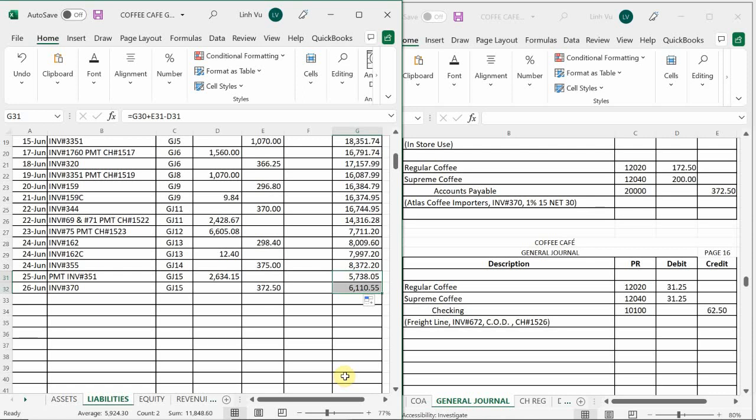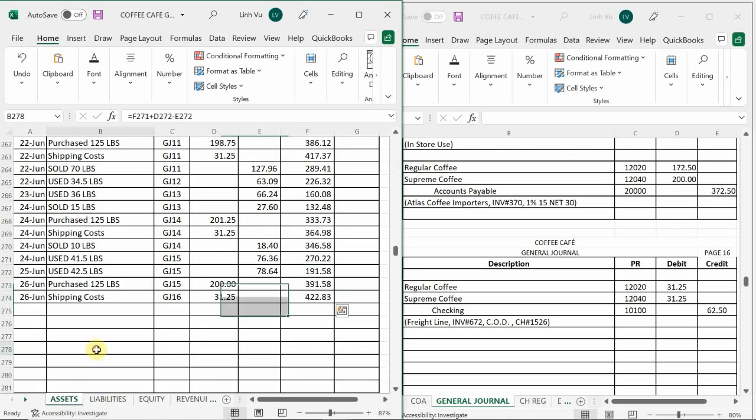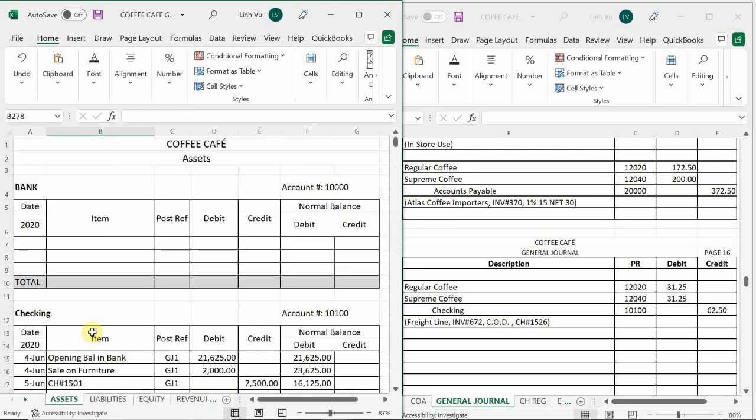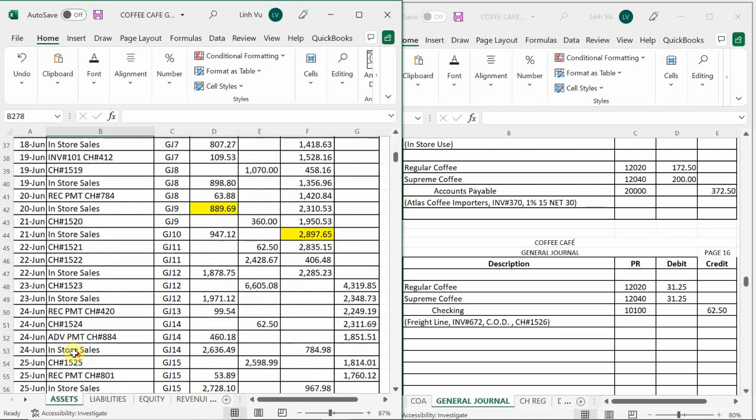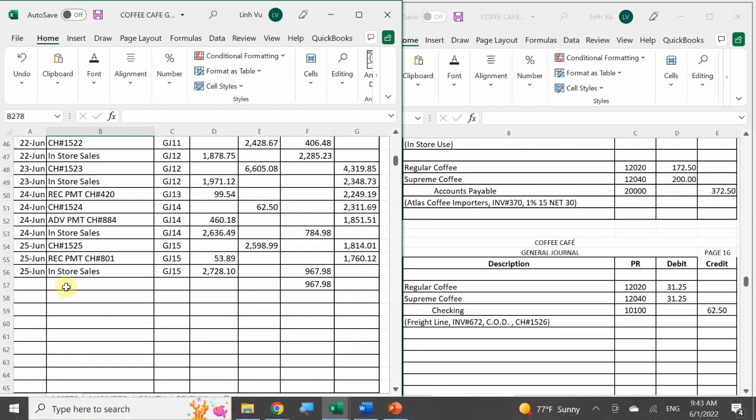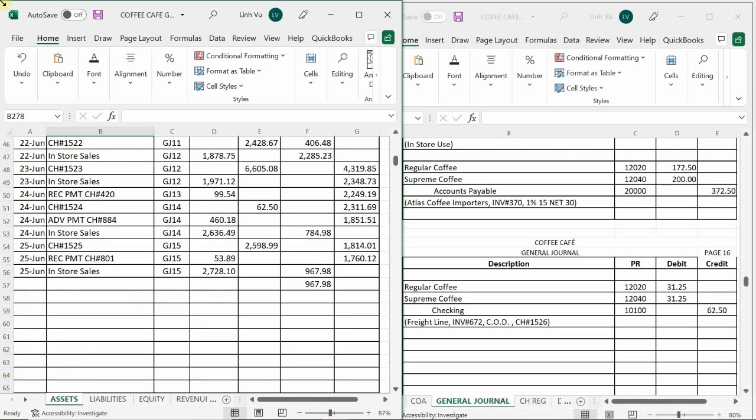The last thing that I did here was cut a check for $62.50, so I need to update my checking. I utilized check number 1526, and I paid $62.50, so that dropped my account to $905.48.